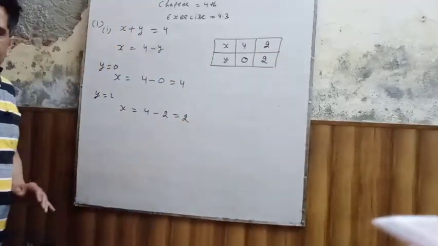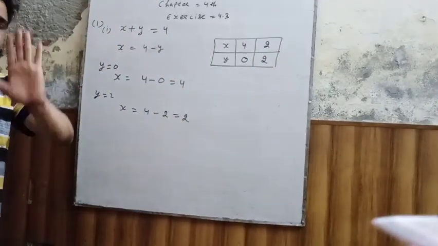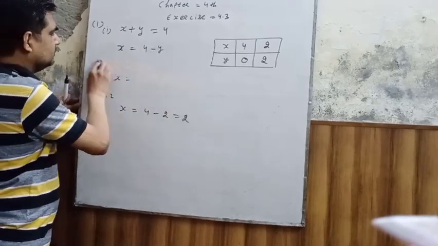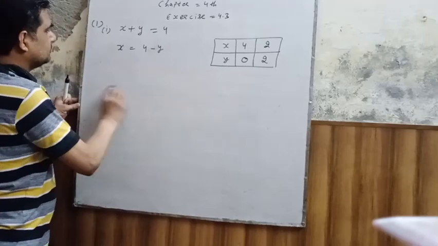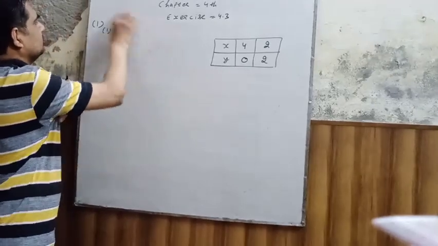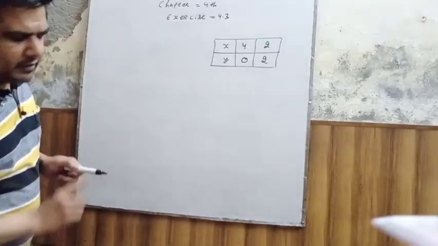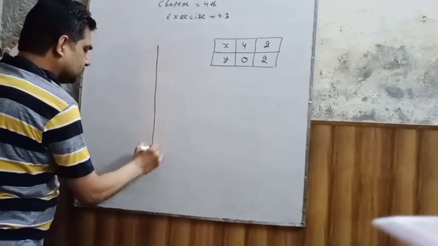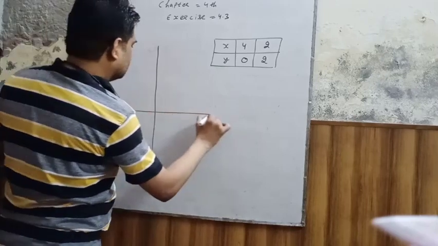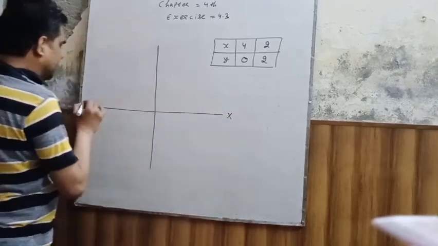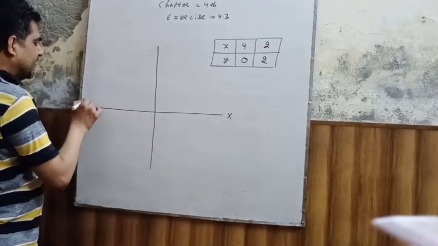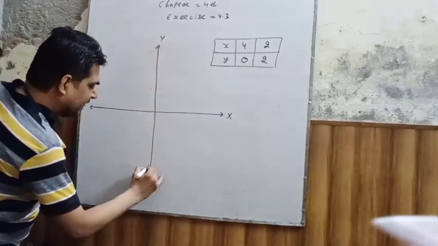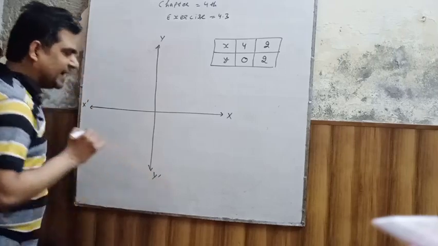Now we draw the graph from these values. In the Cartesian plane we have this side x positive, this side x negative, this side y positive, this side y negative.